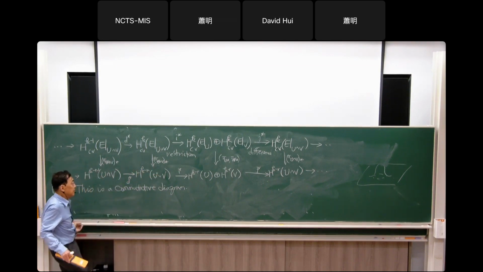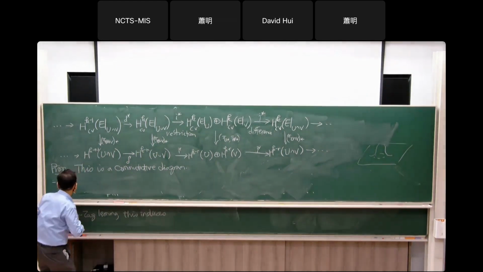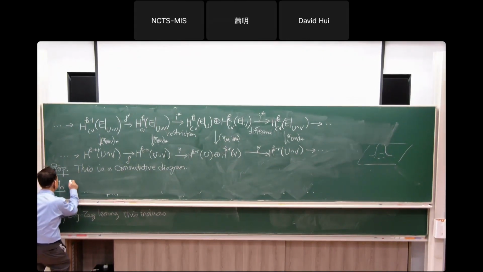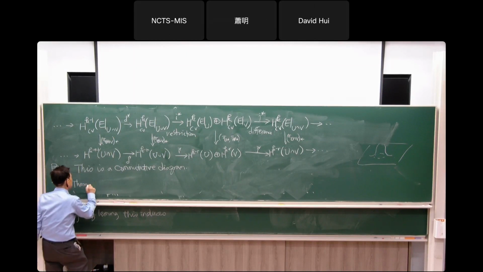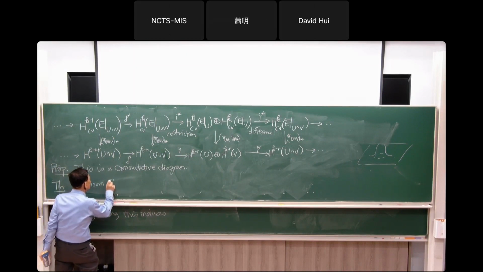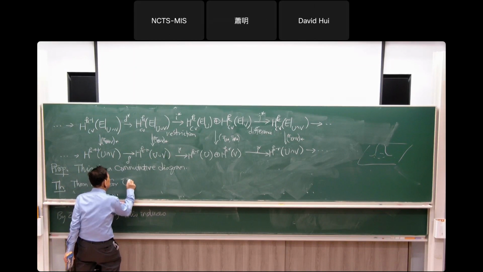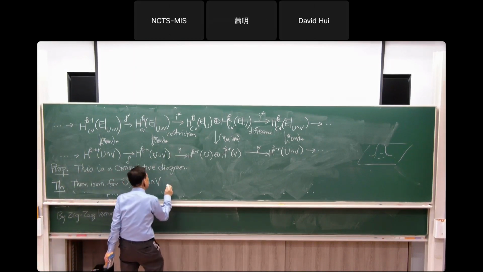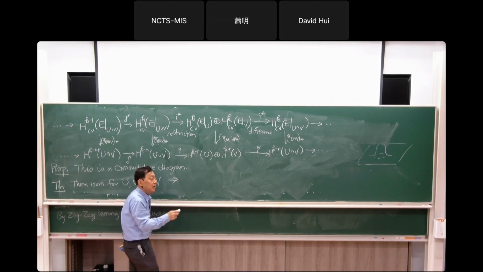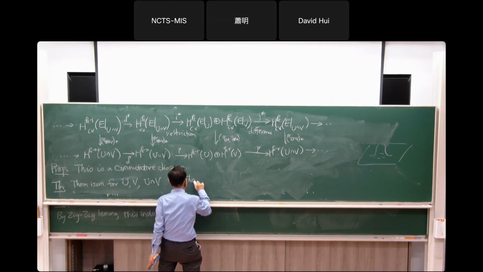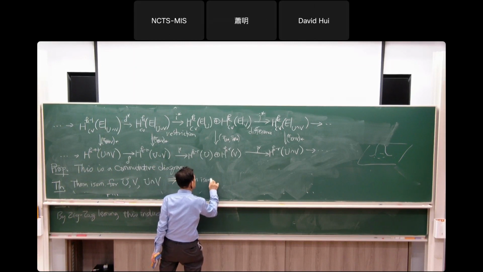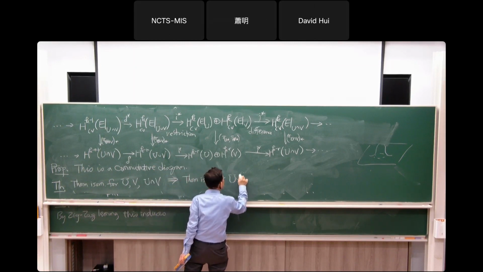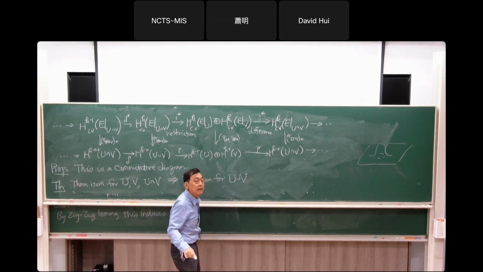So just like before, we have this theorem that isomorphism for U, V, and U intersection V implies isomorphism for the union.